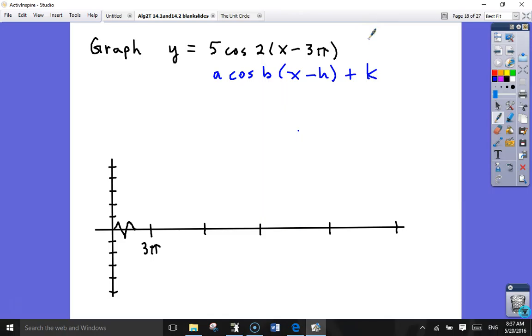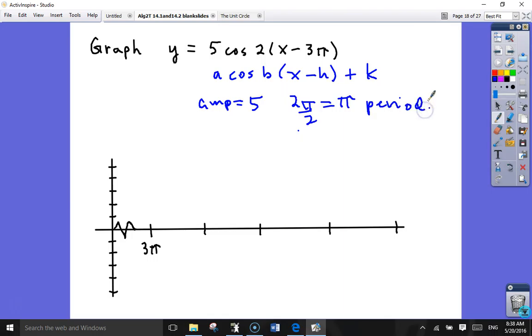If there's a coefficient of x there, it's got to be factored out in front of parentheses so that you can compare this. Right now we can say that the a is going to be 5. Amplitude is 5. The period is going to be 2 pi divided by 2, which is pi. That's the period.